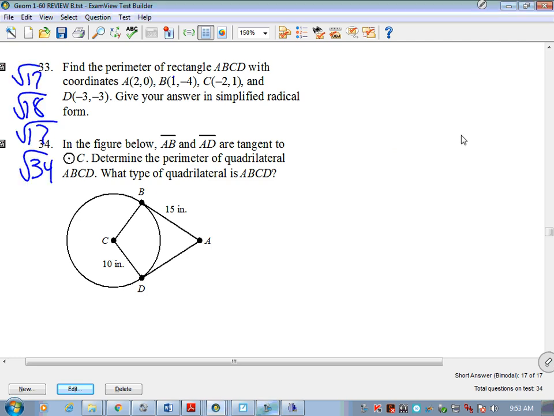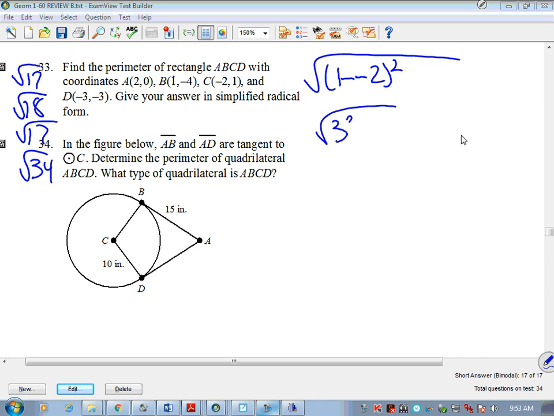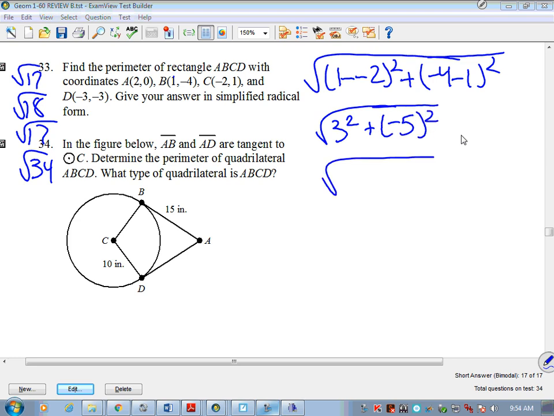All right, I think I see at least one mistake I made, which is back here from B to C. This is 1 minus negative 2 squared, which is 3 squared, but negative 4 minus 1 squared is negative 5 squared, which is giving me that square root of 34 again.